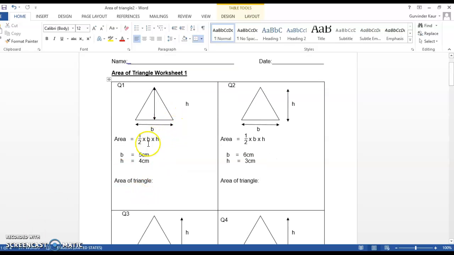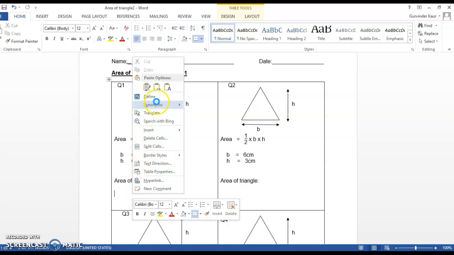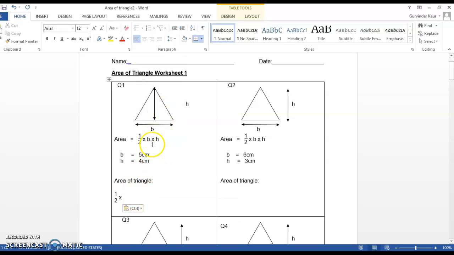So half times base, which is 5 centimeter, times height, which is 4 centimeter, equals what? Okay, so let's look at half times 5 times 4.